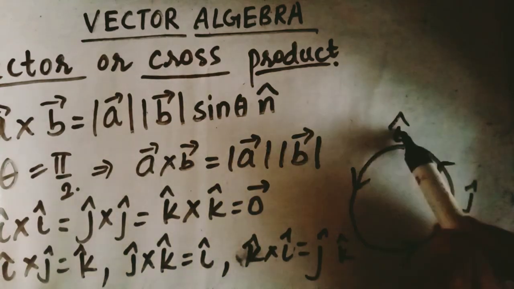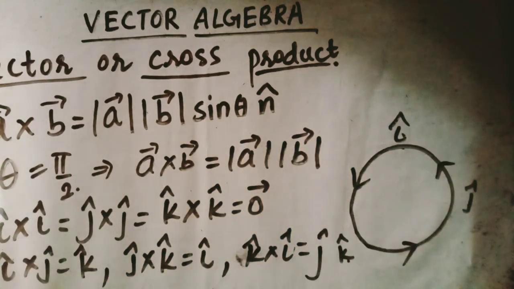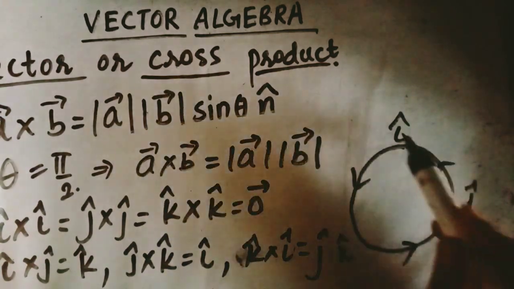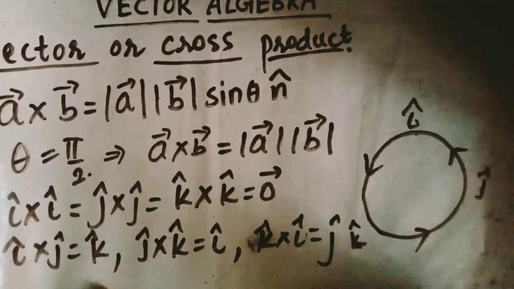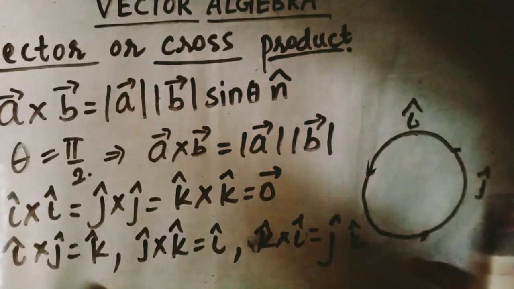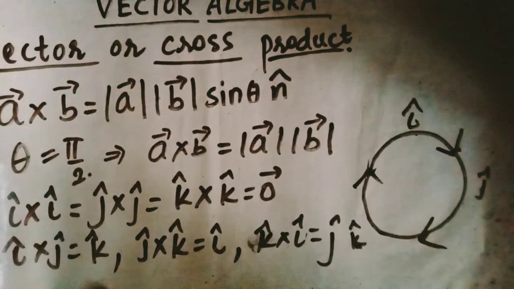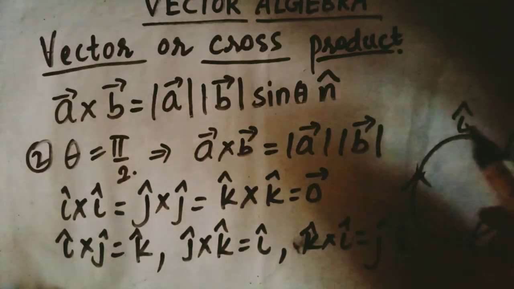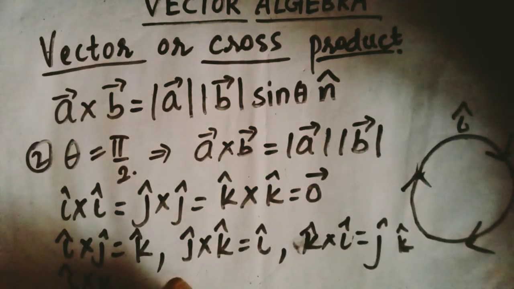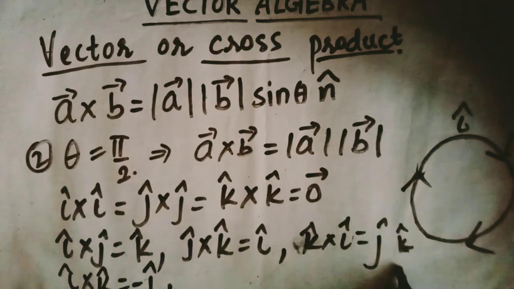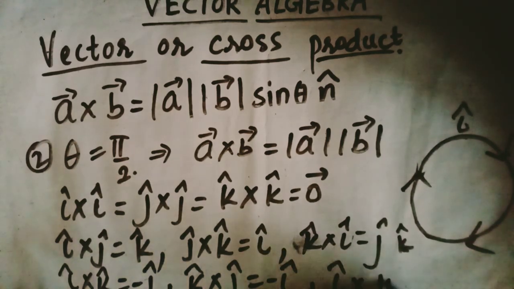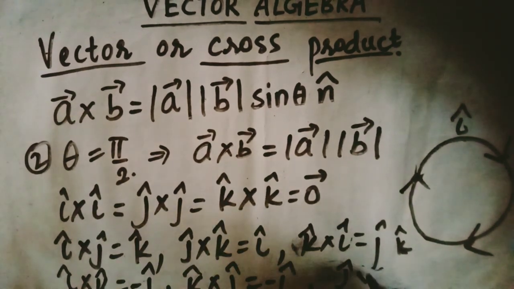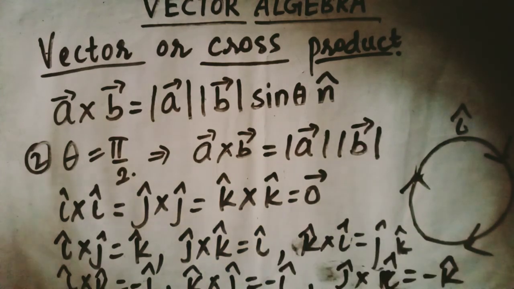So I cross J will give you K, but if you go backwards, that is J cross I, you will get minus K. So it should be I to J, J to K, K to I. If you are going backwards, so I cross K will get minus J. Then K cross J will get minus I, and I cross K will get minus J. J cross I, minus K.